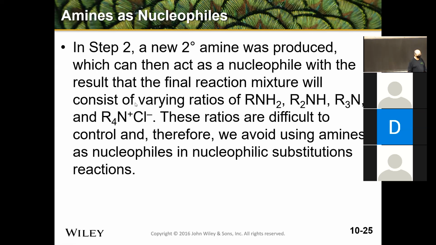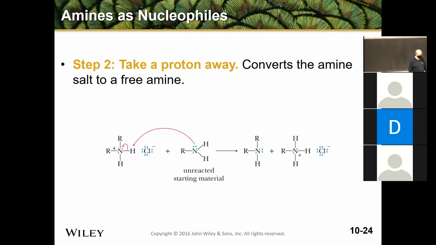A couple of exceptions: if we want a quaternary salt, we could use a large excess of the alkyl halide. That would drive it all the way to the quaternary. We could also use a large excess of ammonia to get a primary amine. But generally, this is not a good synthetic method.